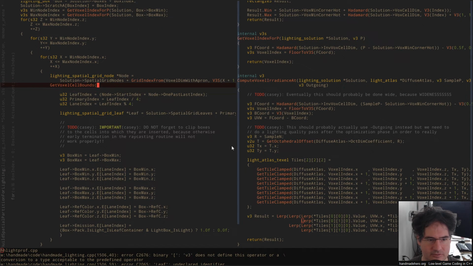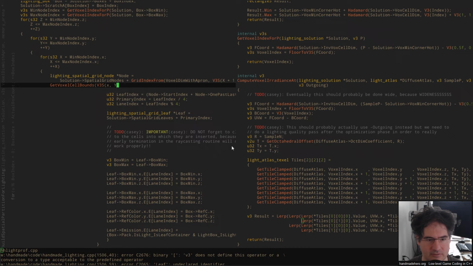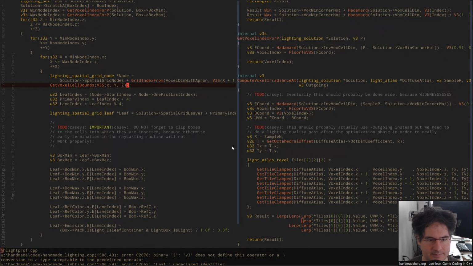So I can literally just do my V3S XYZ, right? So if I just do get voxel cell bounds here, I can get the cell bounds, and then I can clip these. So these are the box bounds, and I can just clip them now.